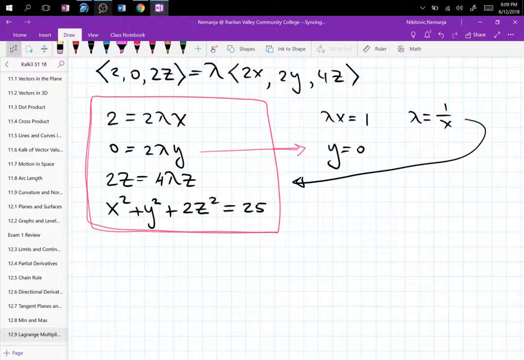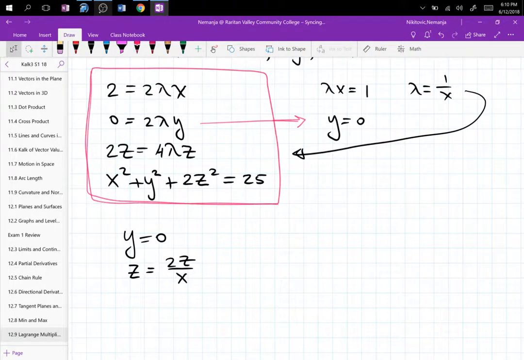So I have y equals 0, and over here I have that z is equal to 2z over x, and we also have x squared plus 2z squared is equal to 25.